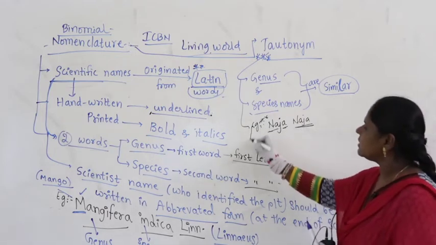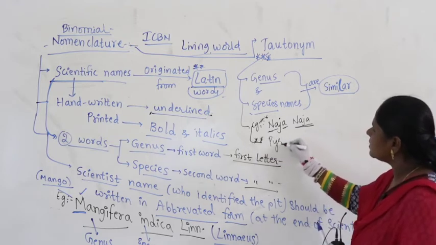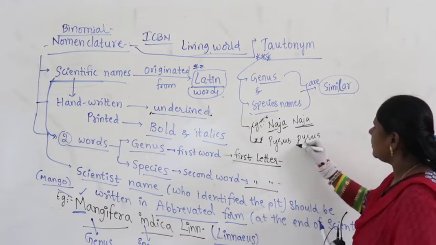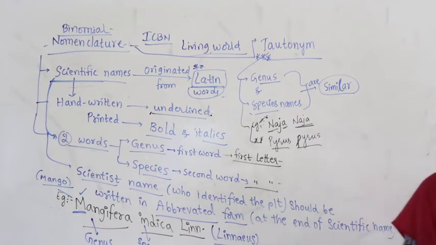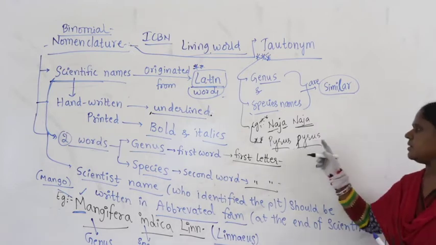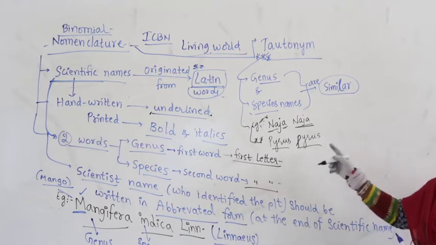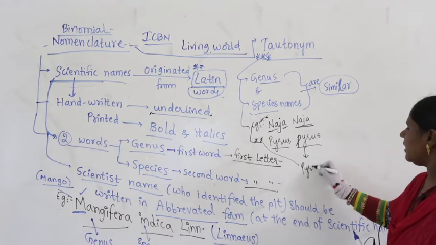Similarly, if you take a plant example, Pyrus. Earlier, apple used to be called Pyrus, meaning Pyrus was the genus name and Pyrus was also the species name. Earlier people used to call it like this, but now it has changed into Pyrus malus.